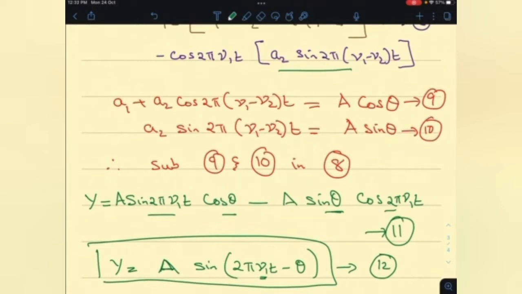You have to square and add. So on the right hand side you can see that it's A square cos square theta plus A square sin square theta. So it will become A square, and from that you can get A. So squaring and adding equations 9 and 10.